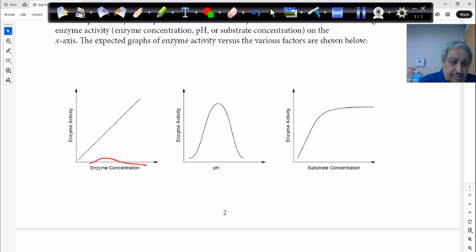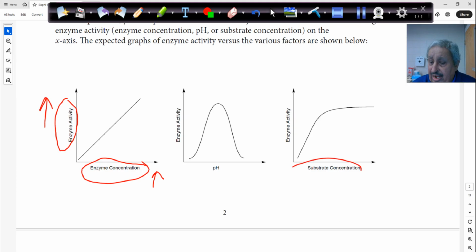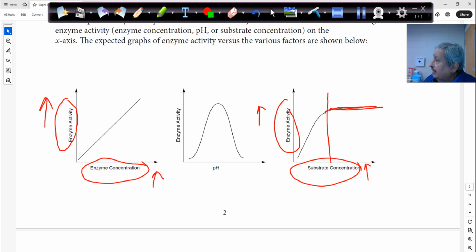This is high, the enzyme activity will go high up to here, then start leveling off, has no effect. Correct? And then the pH, it has to have optimum pH.